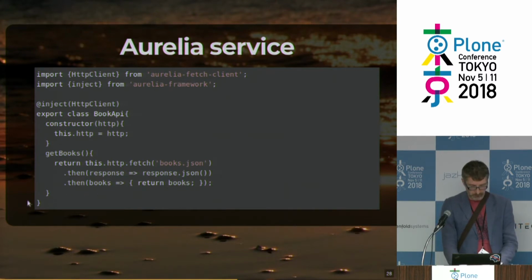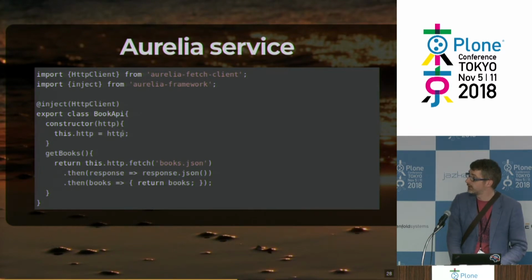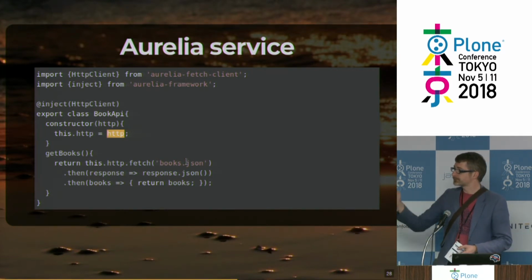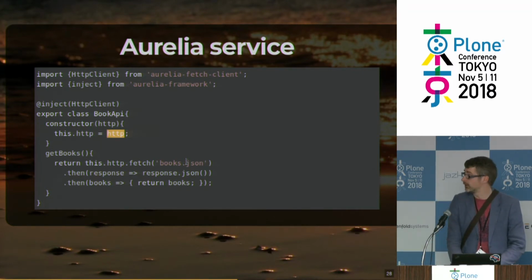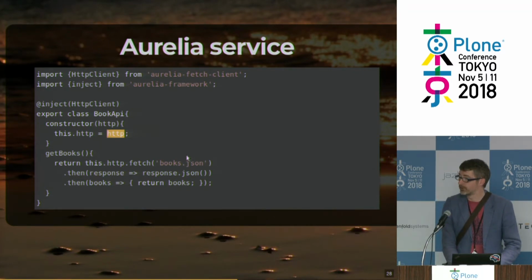What we are doing here is injecting the HTTP client. This gets in with this name, so we assign it to this HTTP, and then we define a method which we can later use, and this will just do fetch. In this case, a simple JSON file. It could also be a URL.